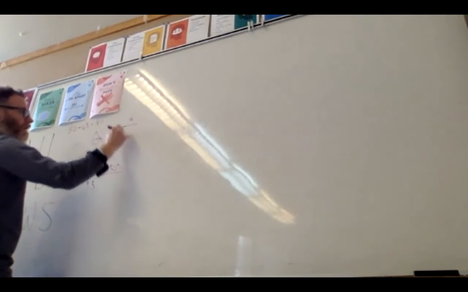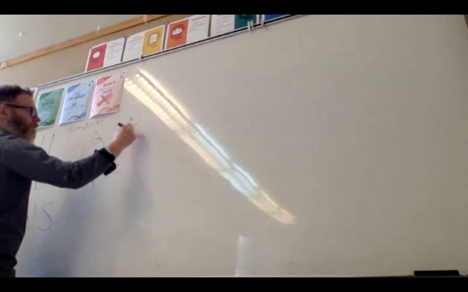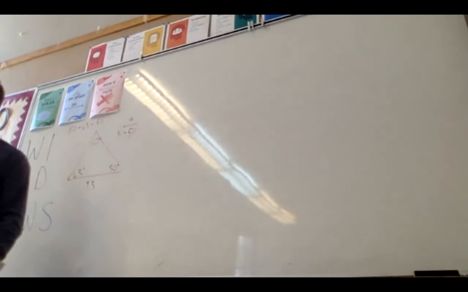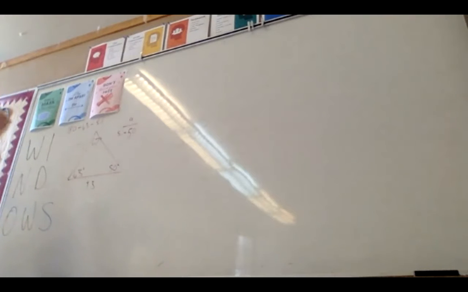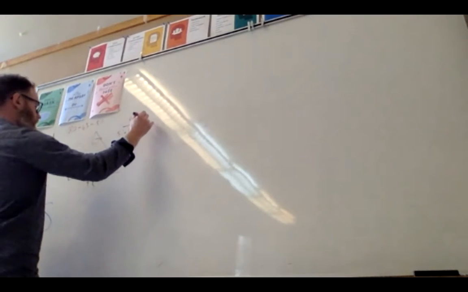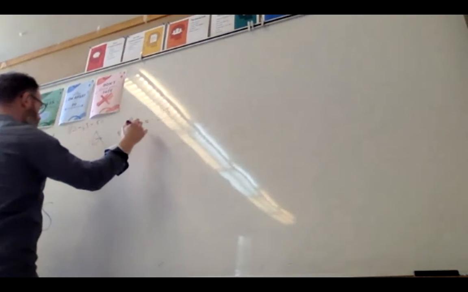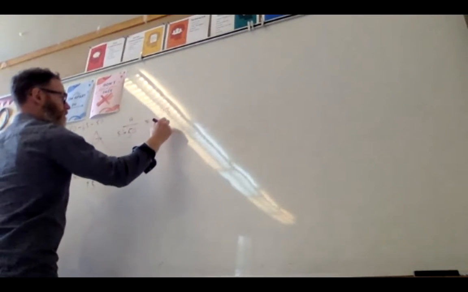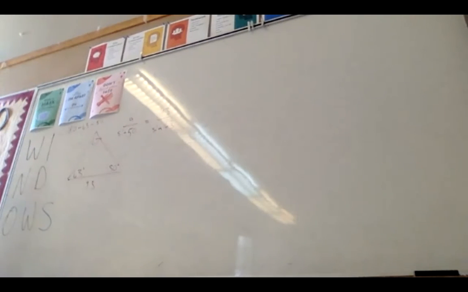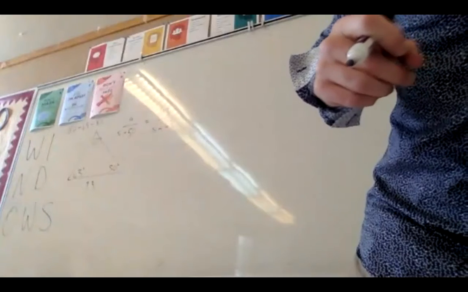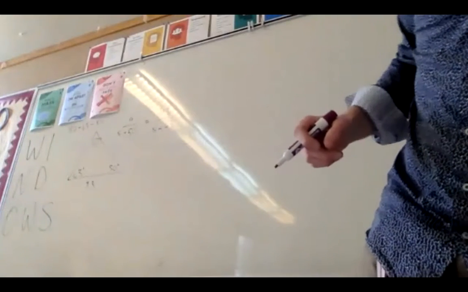A over sine of, why does it sound like it's coming from the hallway? Is that window open? Yeah. A over sine of 50 equals 93 over sine of 63. Okay so far? Yeah. Wait, you have to do your opposites. So 93, 67.